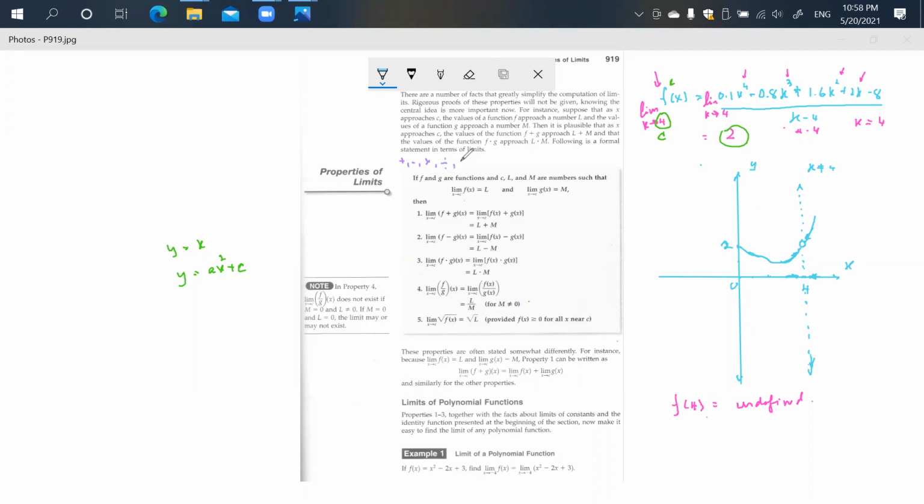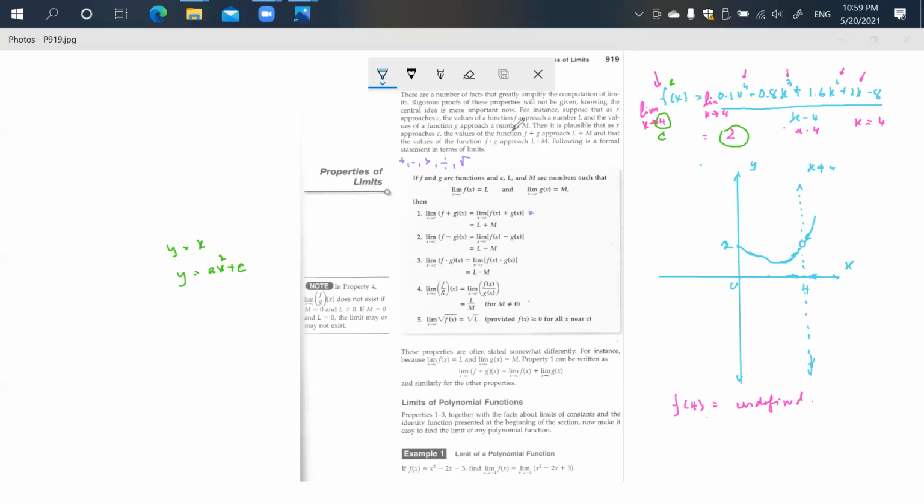And now we have one more, the root: square root, cube root, fourth root, okay, in the pattern of roots. So number one: limit of f plus g of x when x approaches c equals limit of f of x plus g of x. Everyone see how to write that.